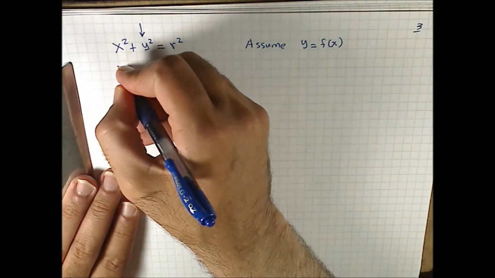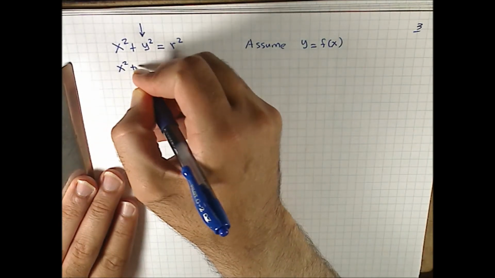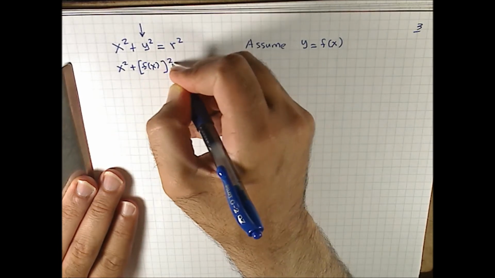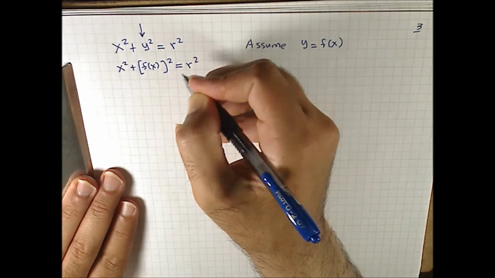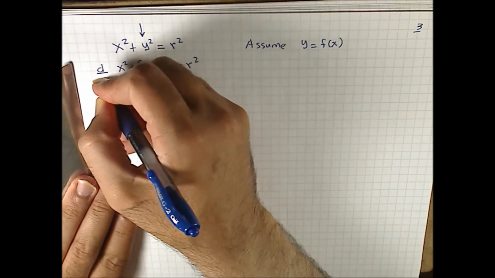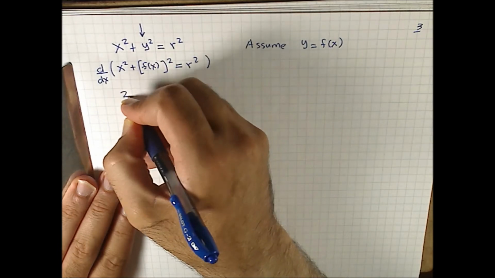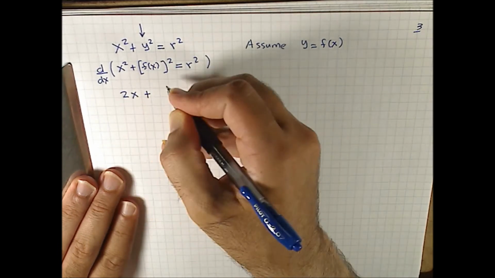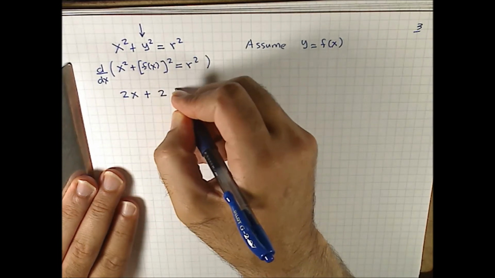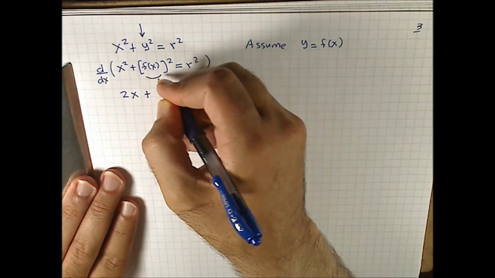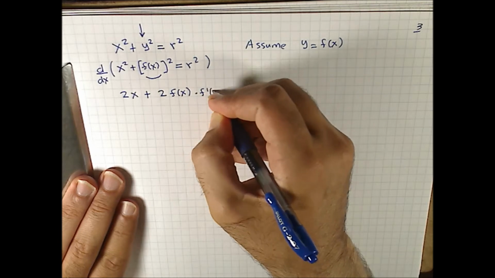Because if you were to write this as x squared plus f of x all squared is equal to r squared, now take the derivative d/dx. Derivative of x squared is 2x. Derivative of f of x squared is 2f of x, that's because of the power rule, times the derivative of the inside, which is f prime of x.